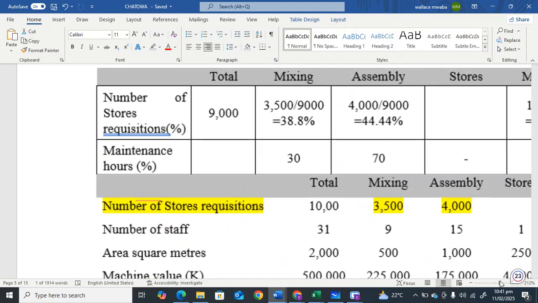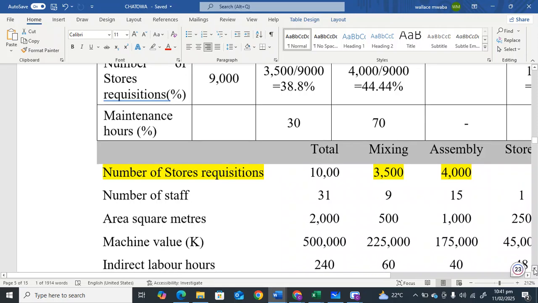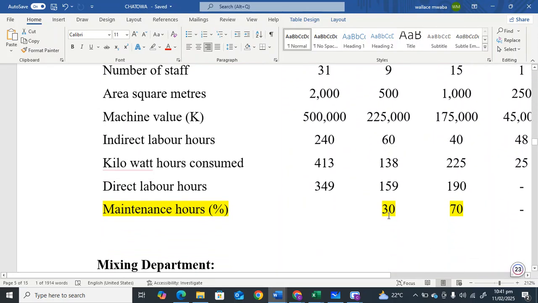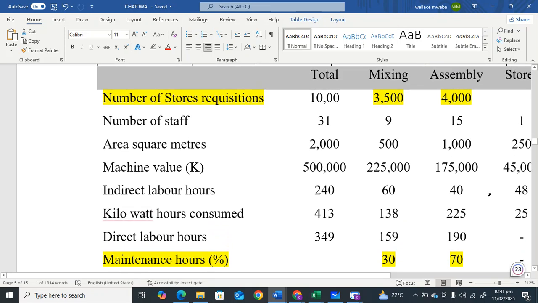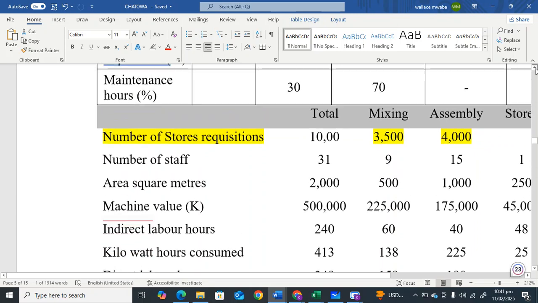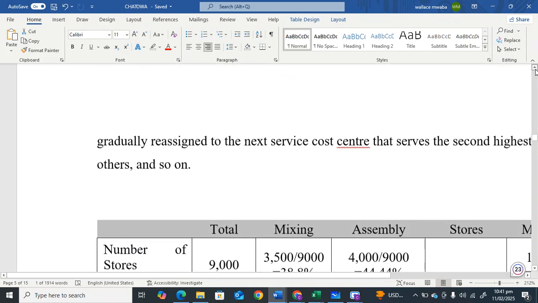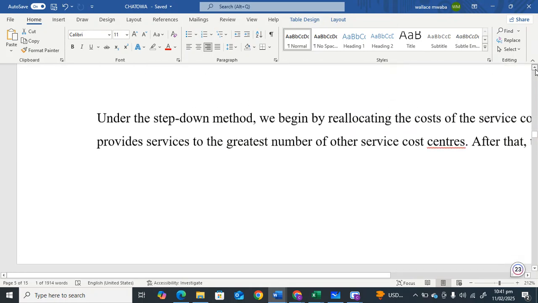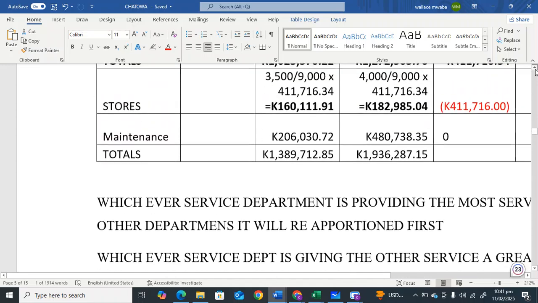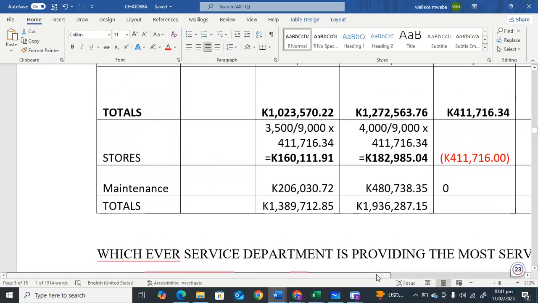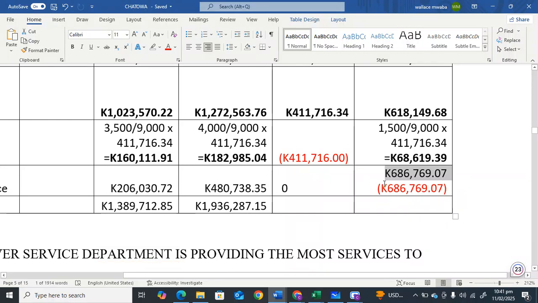Okay. Maintenance hours. So here, 30% goes to mixing, 70% goes to assembly. So what we just do, we're going to say 30% of this amount.